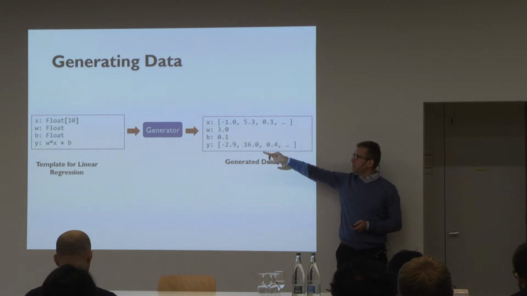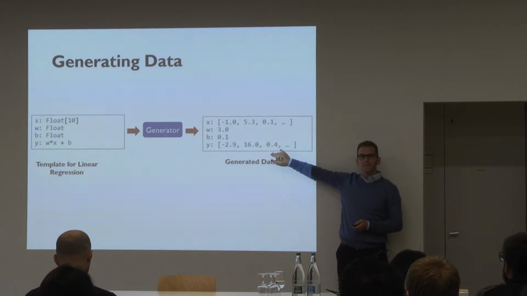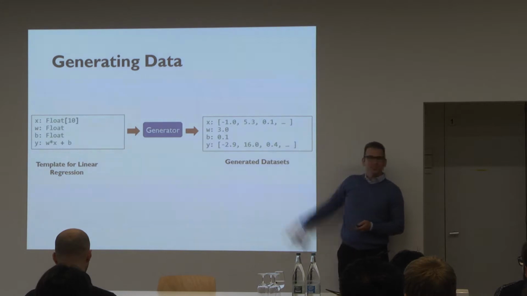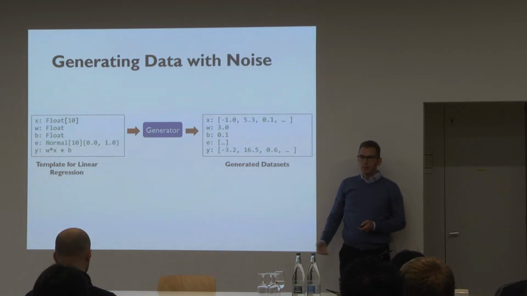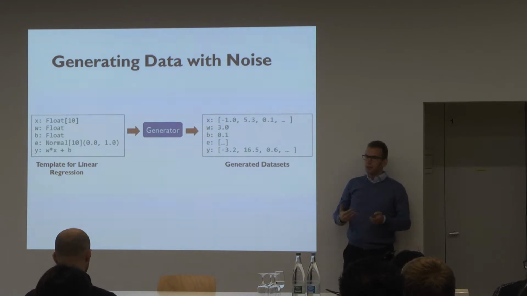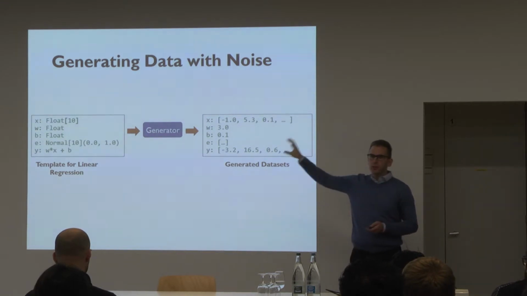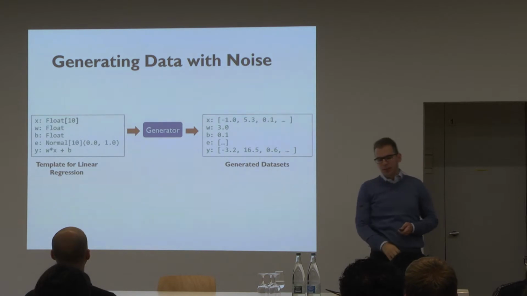If you see this kind of relation, is there something wrong here? Well, what's limiting here is that y is always equal to 3 times x plus 0.1. So you can also specify that when you generate data, you generate it with some noise. And now this is hidden from the model itself. This is just data that we sample.